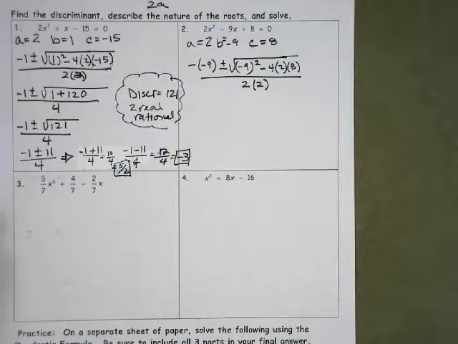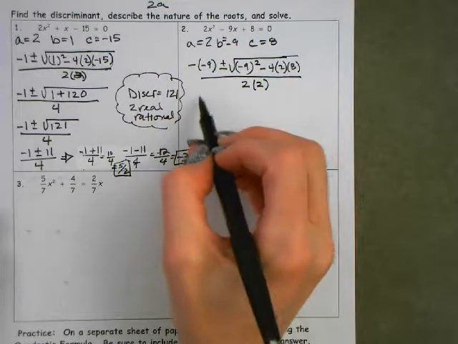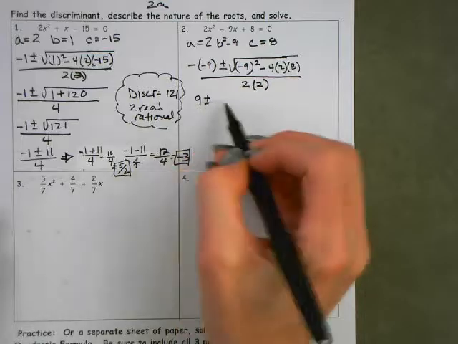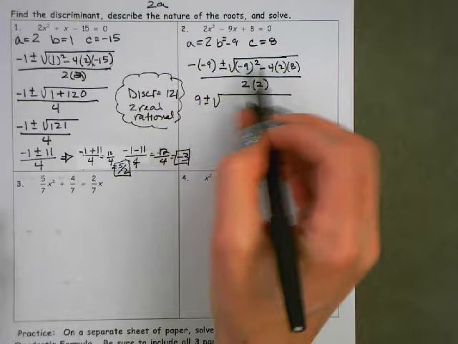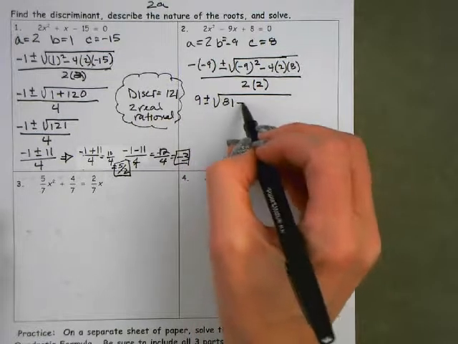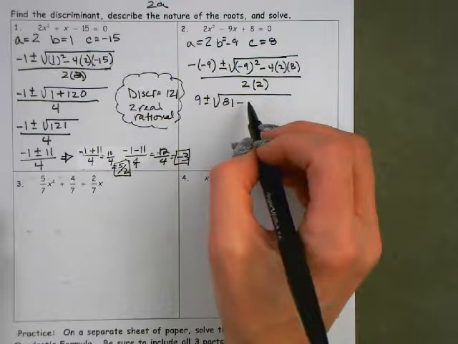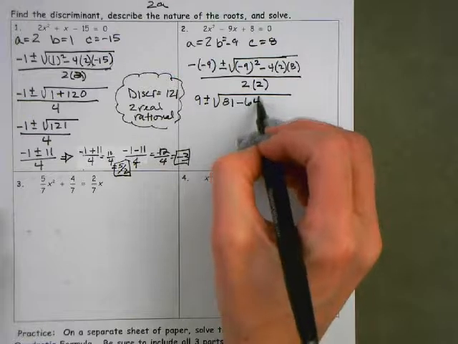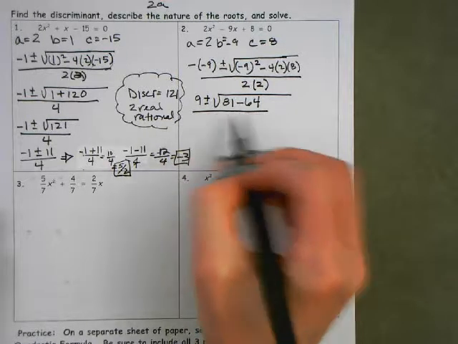Okay? So this becomes 9 plus or minus the square root of 9 squared, negative 9 squared is 81, minus, okay, so this is going to be 8 times 8, which is 64, and that's all over 4. Okay?